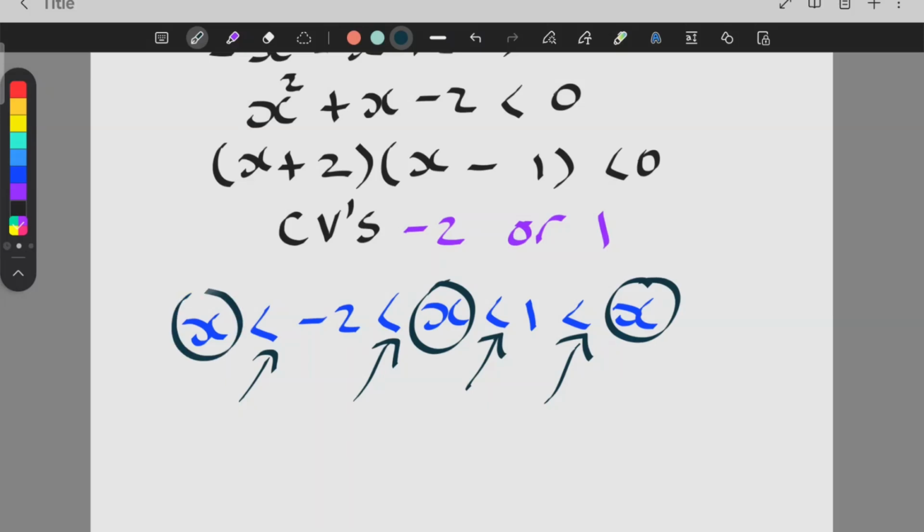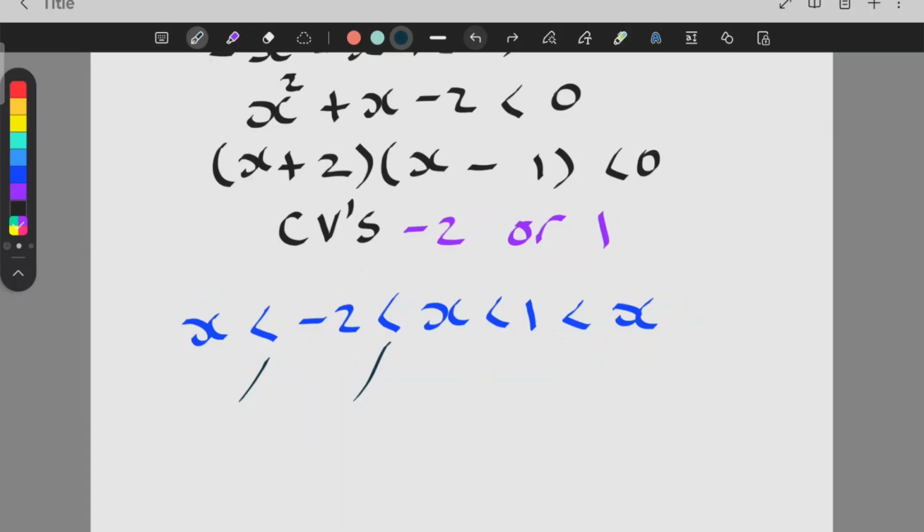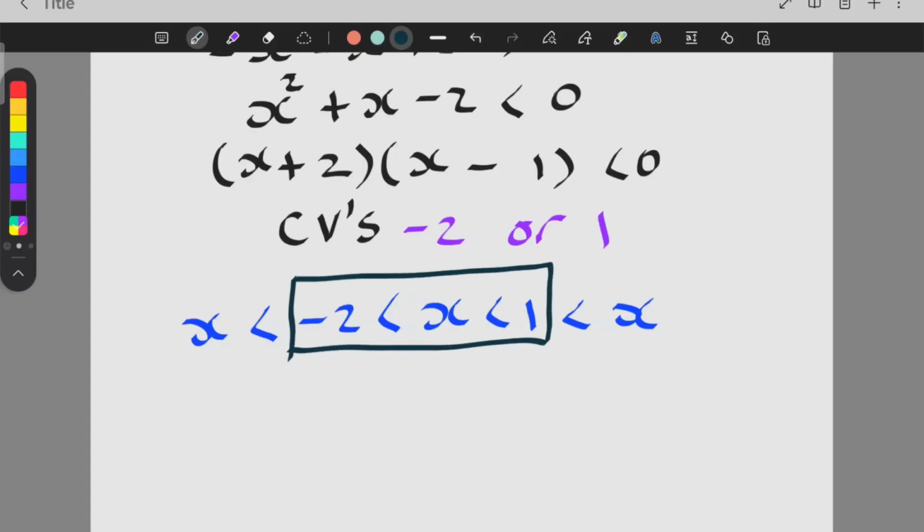The only thing that changes is the critical values, depending on the question. But you write the smallest one here and the biggest one there. Okay, so this is like a cheat code now. If this is less than, then this is the answer. So therefore, x is between negative 2 and 1.